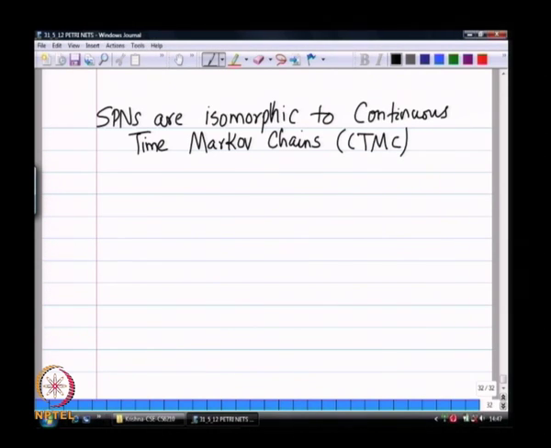So I can take a Petri net in SPN, derive the reachability graph, and from the reachability graph I can derive the corresponding CTMC. Once I get the Markov chain, I can simply solve that by all the techniques that we have seen before, and then I can find out the probability of the system being in a given marking, and then use that for getting throughput, delay and all those various possible calculations, okay.